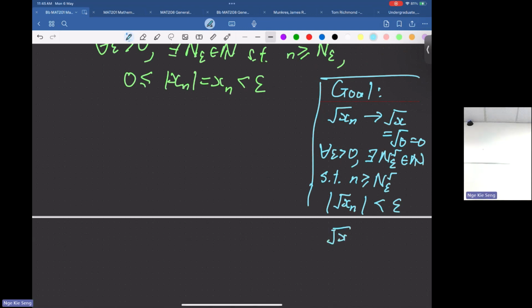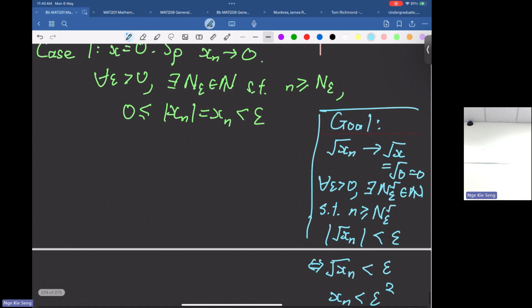We know that square root of x_n is also positive in our case, and we can really square both sides. So what does it mean here?